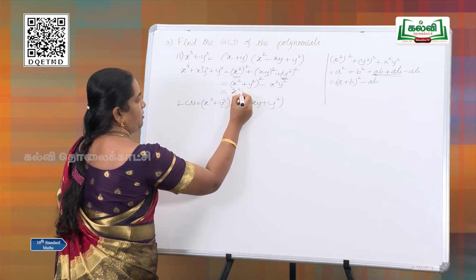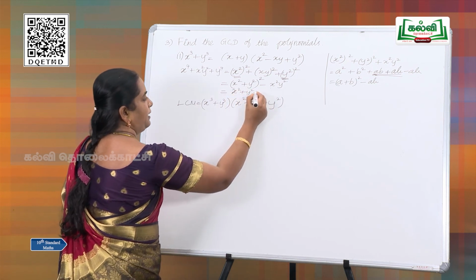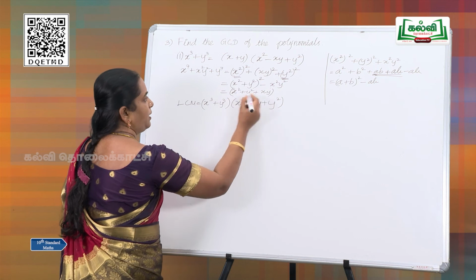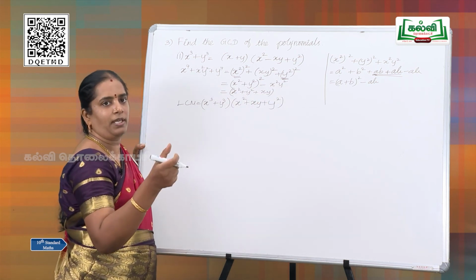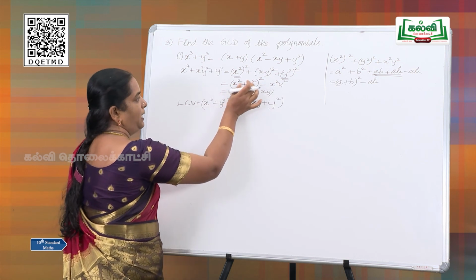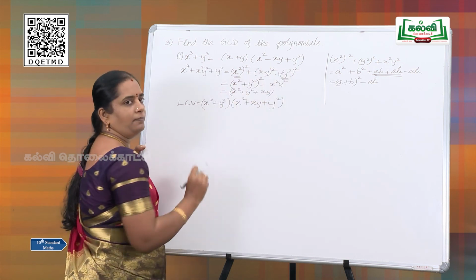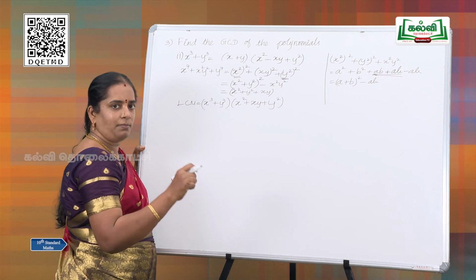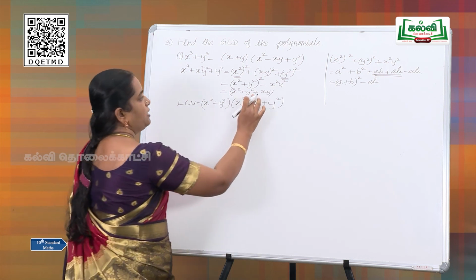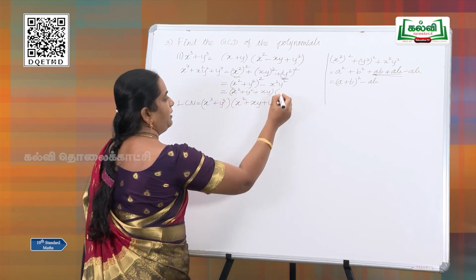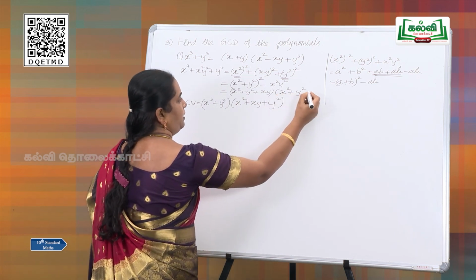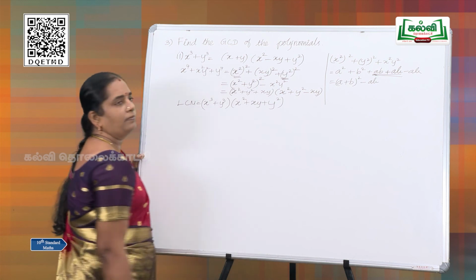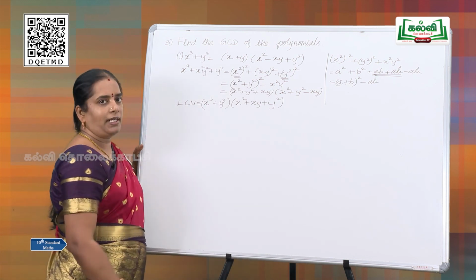A here is x square plus y square and b here is xy. Can you understand what I say? This x square y square can be taken as xy the whole square. So, this is in the form a square minus b square. So, we can split as a minus b into a plus b. So, a plus b I have written and a minus b is to be written. Yes, x square plus y square minus xy.